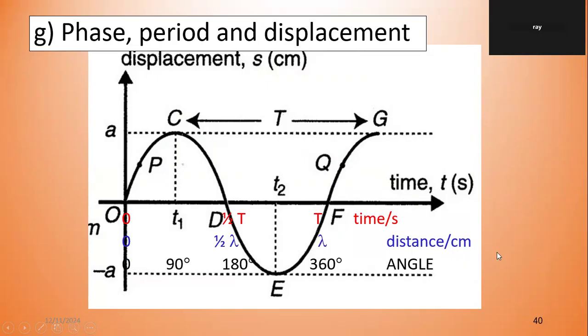Or in terms of phase or angle, we can think of it as 0, maximum 90, 0 again 180 degrees, and then this is 270, come back down again is 360 degrees, one full cycle. They are all related. We can think of it as a displacement time graph, or displacement distance graph, or displacement angle graph.